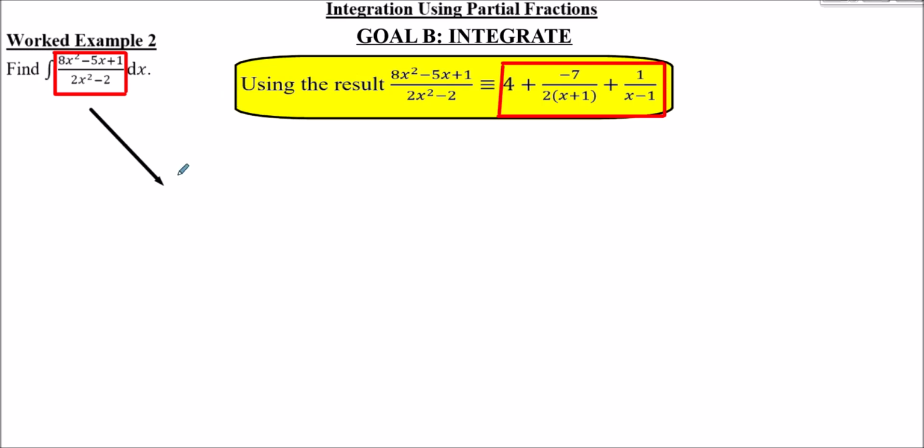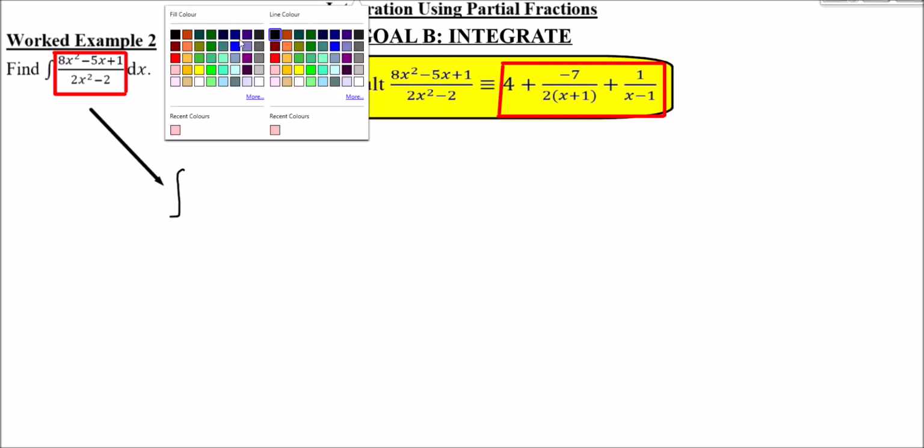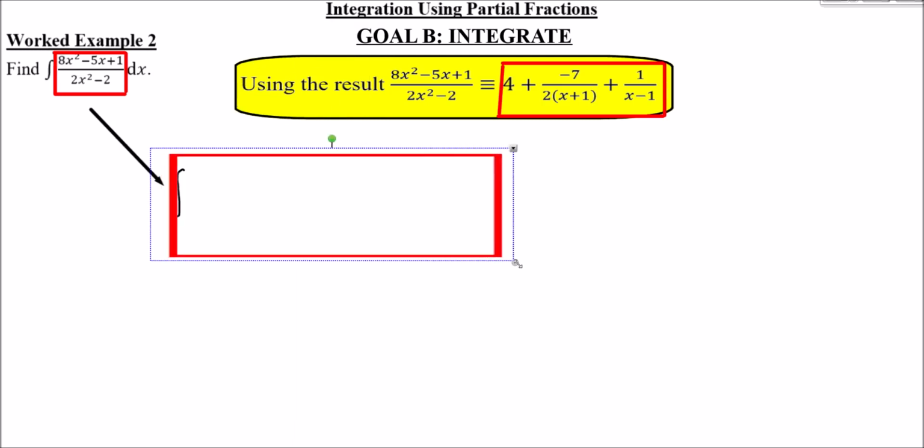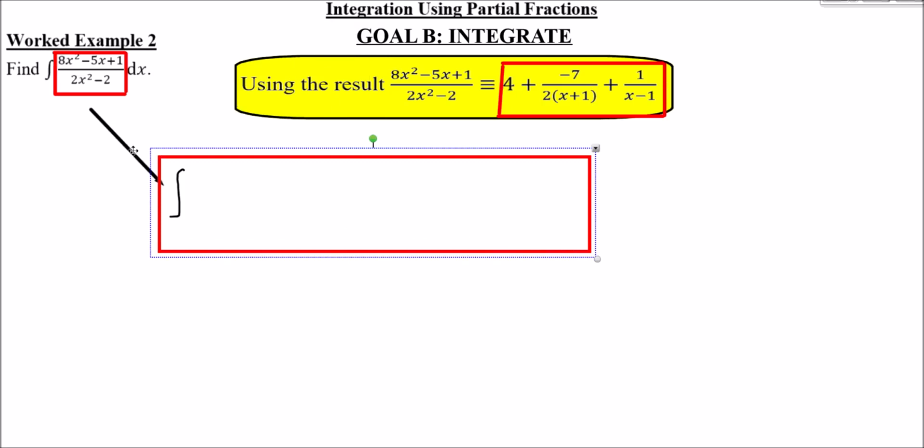So we can transform this integral into being the integral of this here, which I might as well just be consistent and do colour-coded as well. So it's going to be the same as the integral of 4 lots of whatever with respect to x, so equal to 4 lots dx.